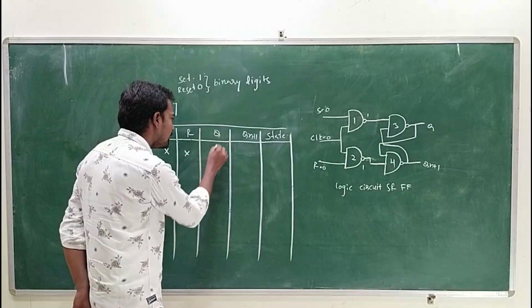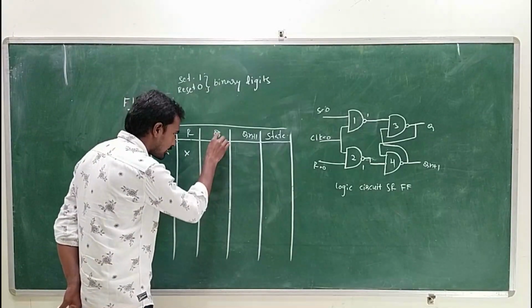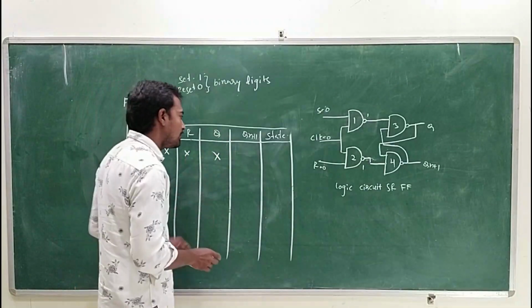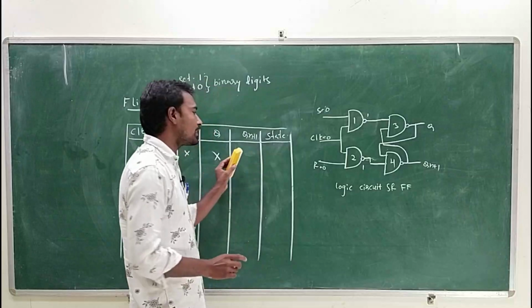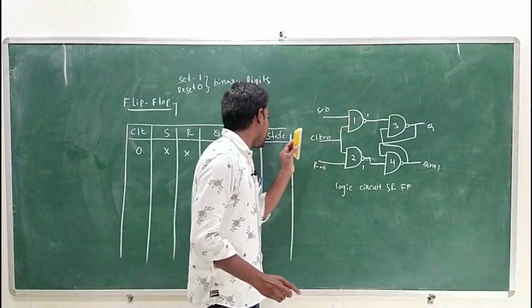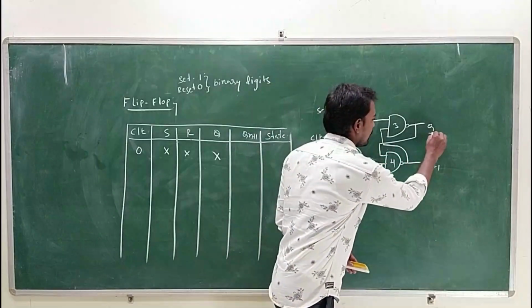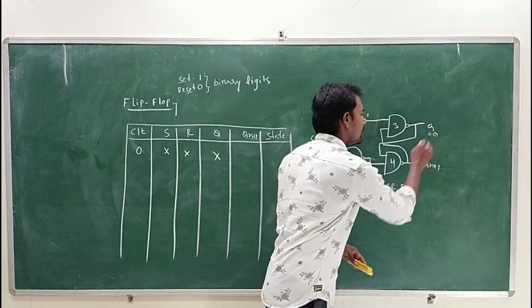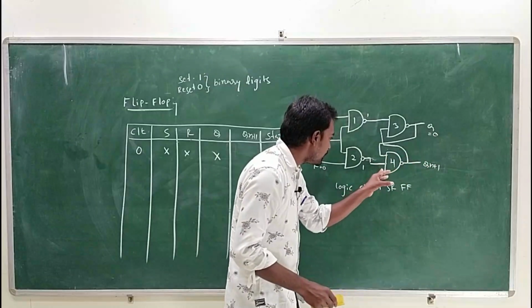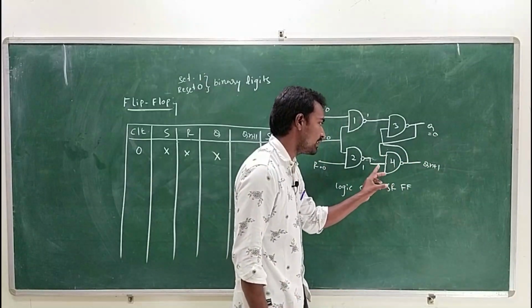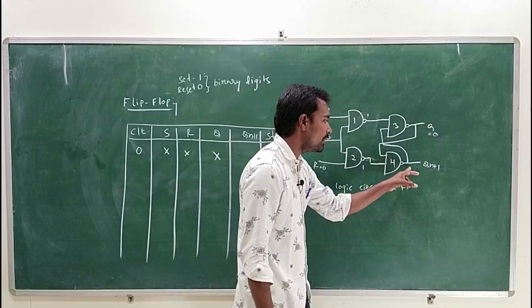Okay, and again we have the clock signal and Q present state input, that is anything, and then we will get the no change condition. That means if Q is equal to 0, and 0 will be given to the fourth NAND gate, and 1 cross 0 is equal to 0, 0 complement 1.